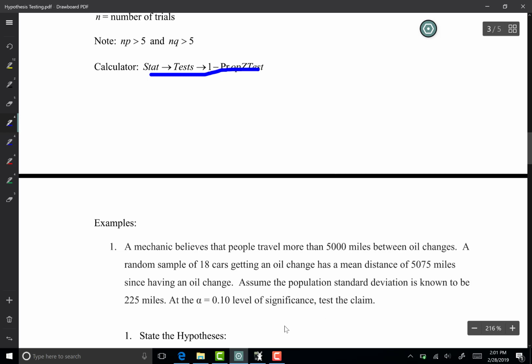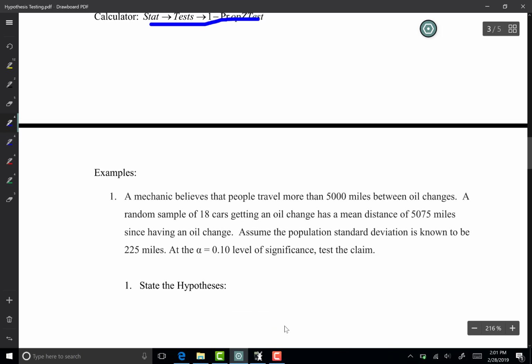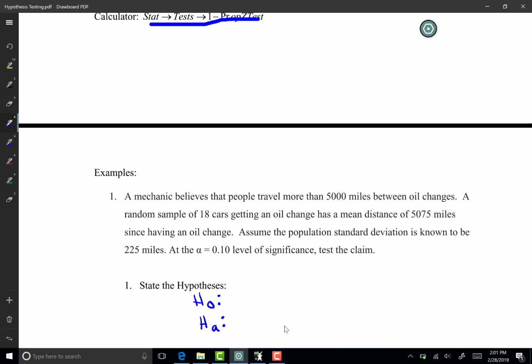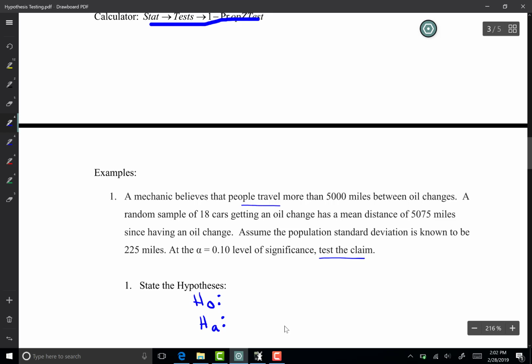All right, so let's state the null and alternative here. So we do H with a subscript of 0 with these colons here, and then the alternative is H with a subscript of A. Okay, so what I usually say is, put in the alternative first. Test the claim. Well, what is the claim? The mechanic believes, this is his claim, that people travel more than 5,000 miles.